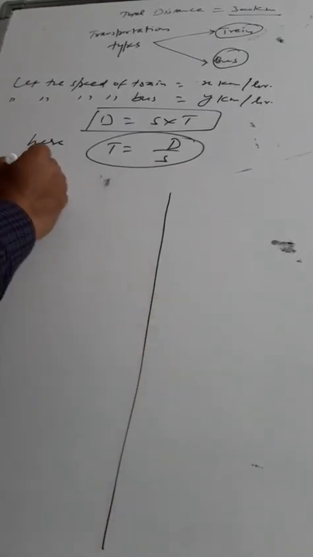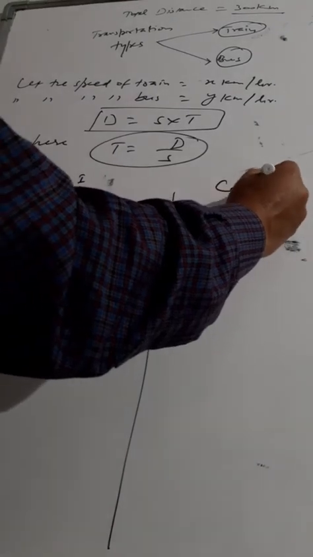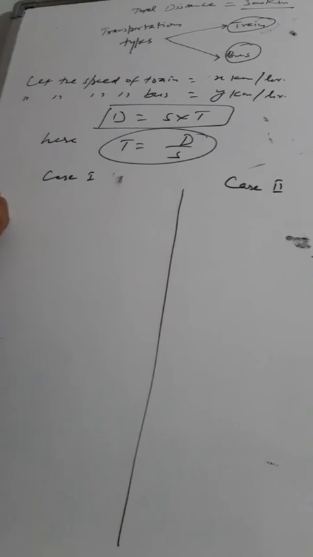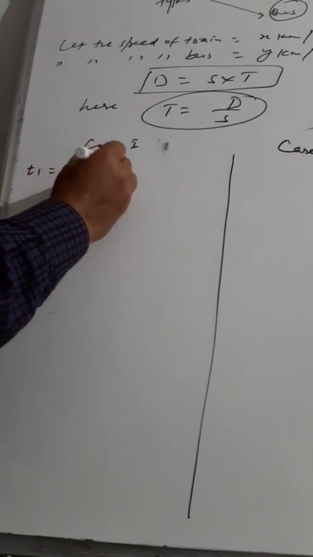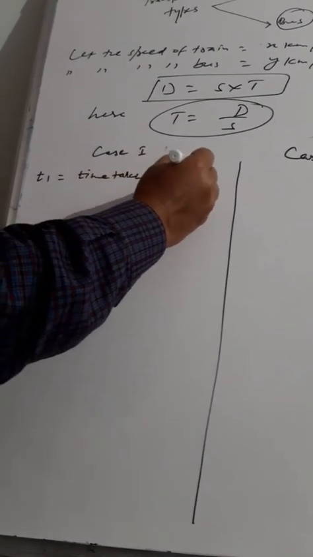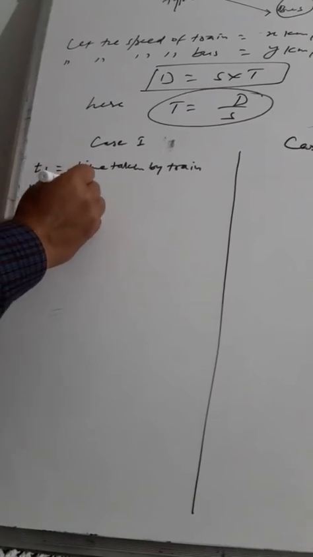Now two cases are there, case 1 and case 2, condition 1 and condition 2. T1 is the time taken by train, and T2 is the time taken by bus.